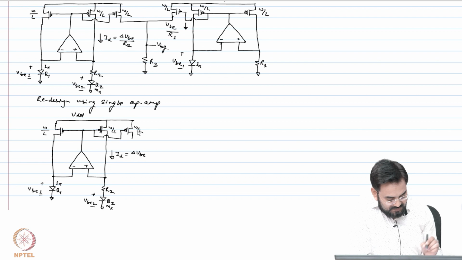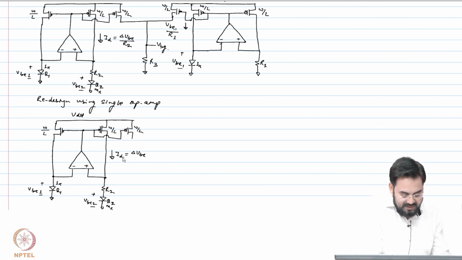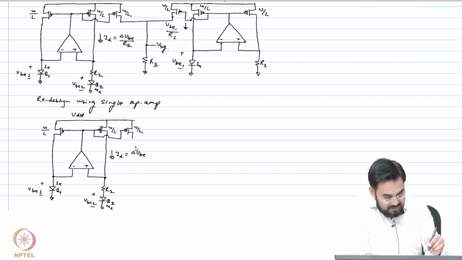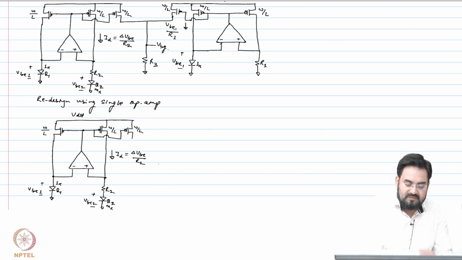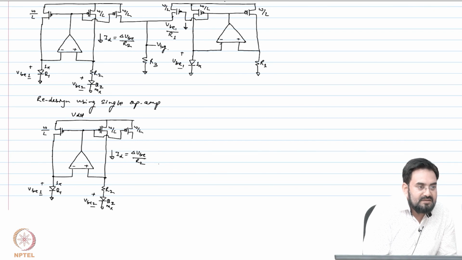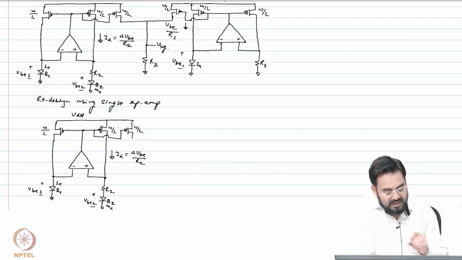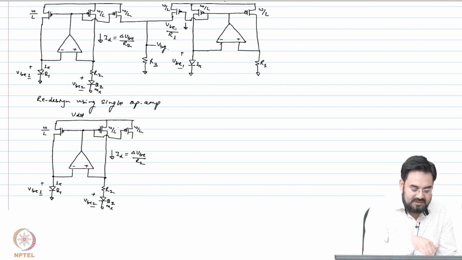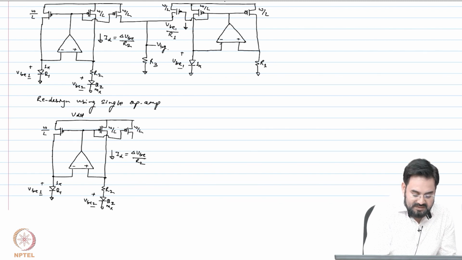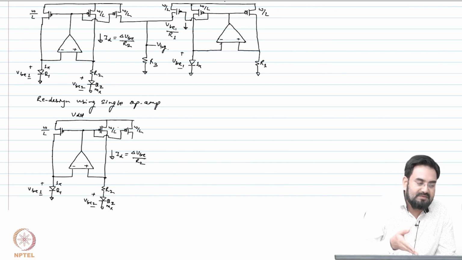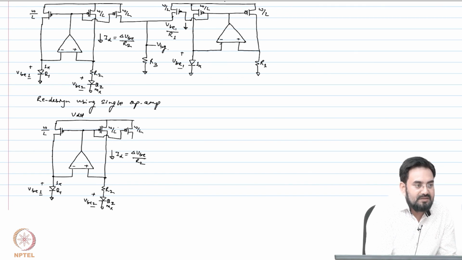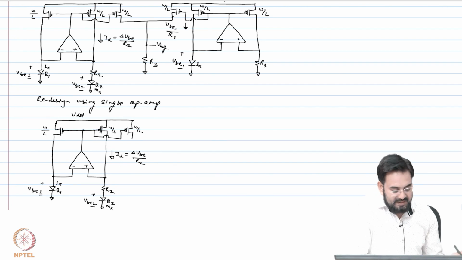So now we know we have a current delta VB by R2. We need to have one more current here, so output I want sum of two currents, which means this current now I have to make all these PMOS devices current. Instead of a single current, I want to make it two currents, which is basically delta VB by R2 and delta VB by R1. So this current is already delta VB by R2.